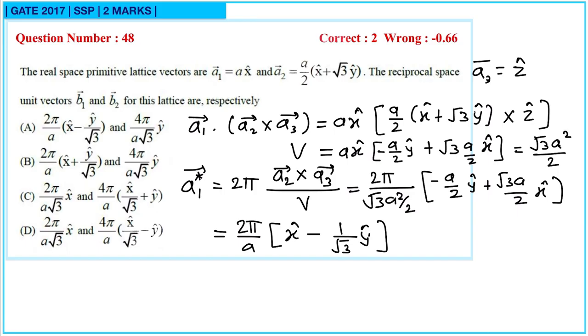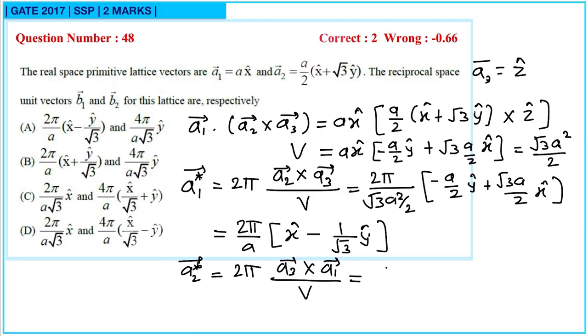So that is one thing. Then let us calculate the second part as well. So that will be A2 star, and that is equal to 2 pi into, if you are calculating A2, then here we will have A3 bar cross A1 bar upon the volume.